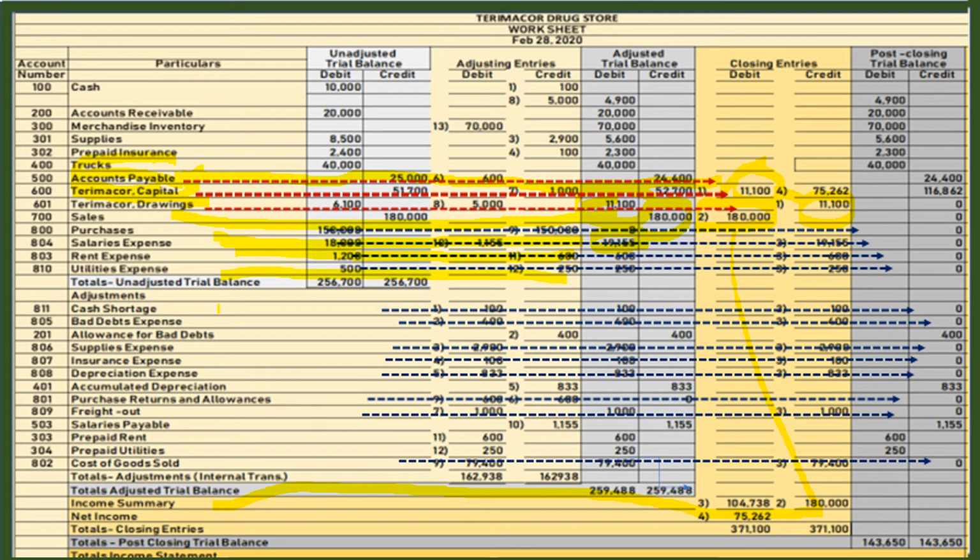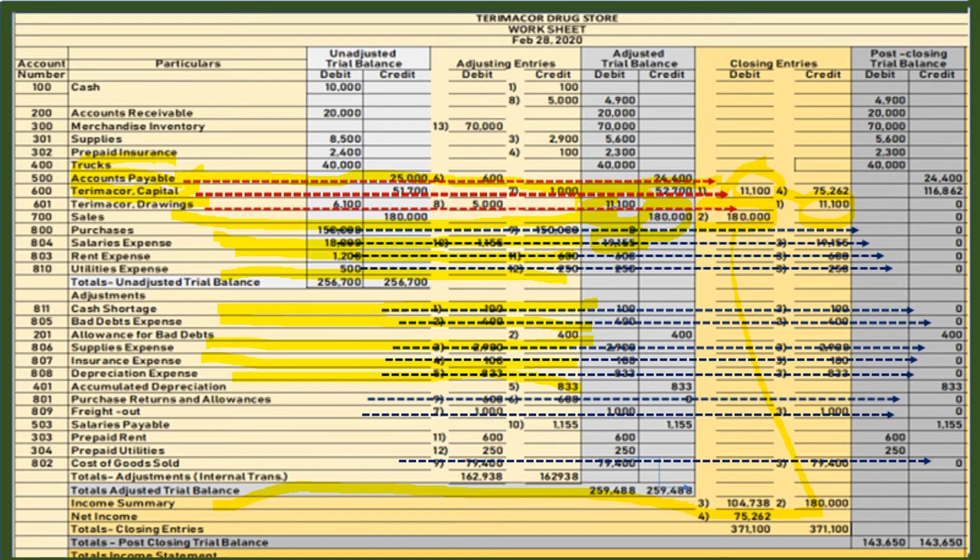Cash shortage, we have this cash shortage. Bad debts expense. And what else? Supplies expense, we have this 29. Then insurance expense 100. Depreciation expense 833.